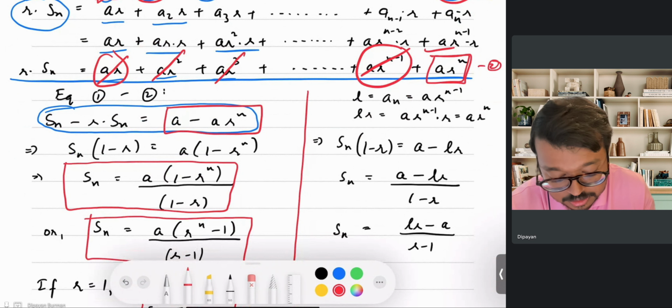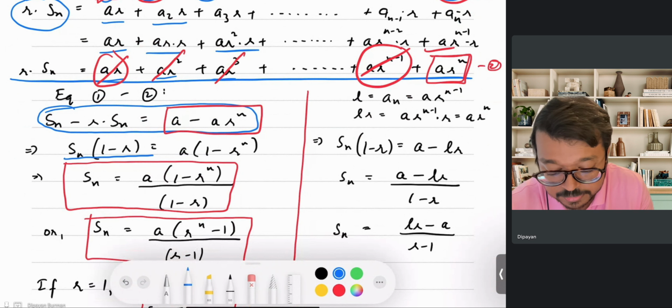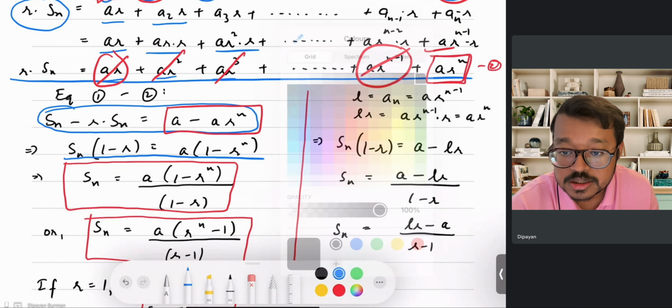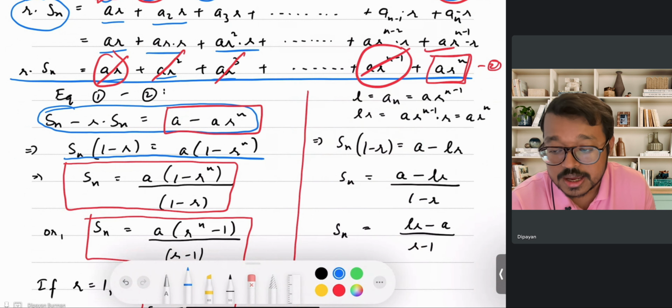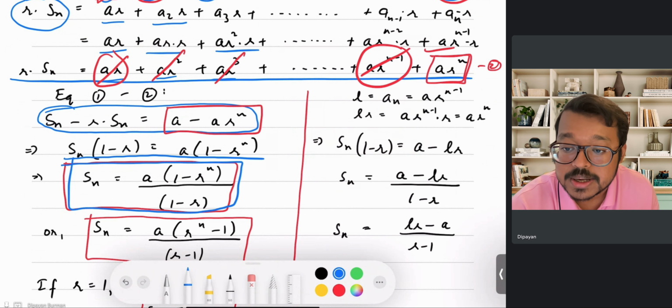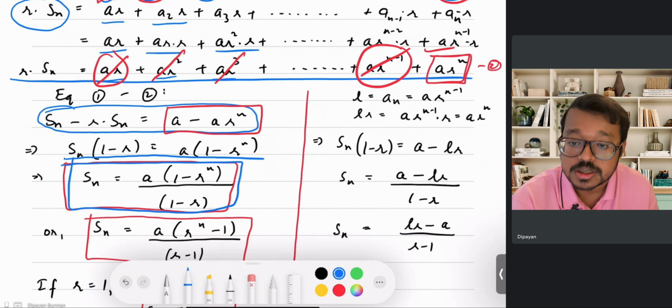So Sn into 1 minus r equals a multiplied by 1 minus r to the power n, and therefore one formula for the sum of n terms, Sn, can be written as a multiplied by 1 minus r to the power n, whole divided by 1 minus r.